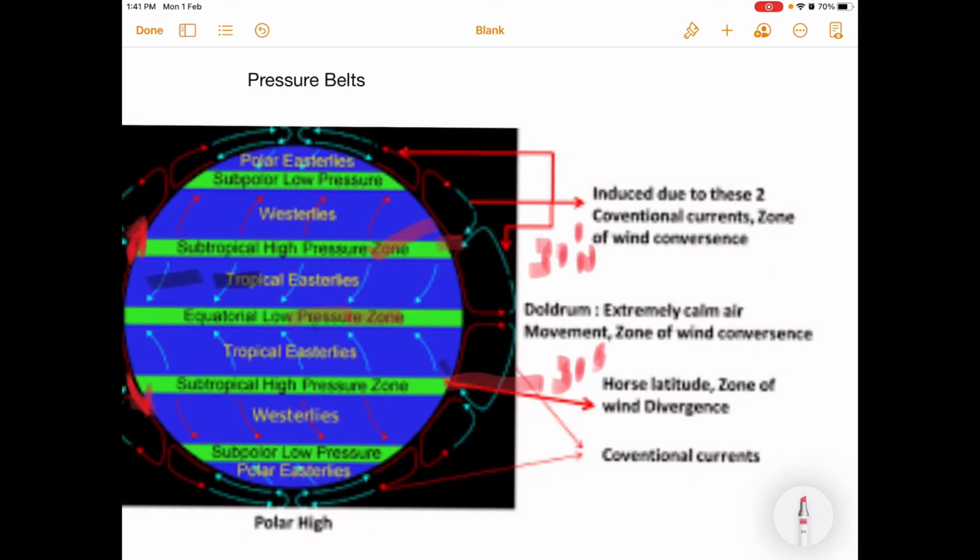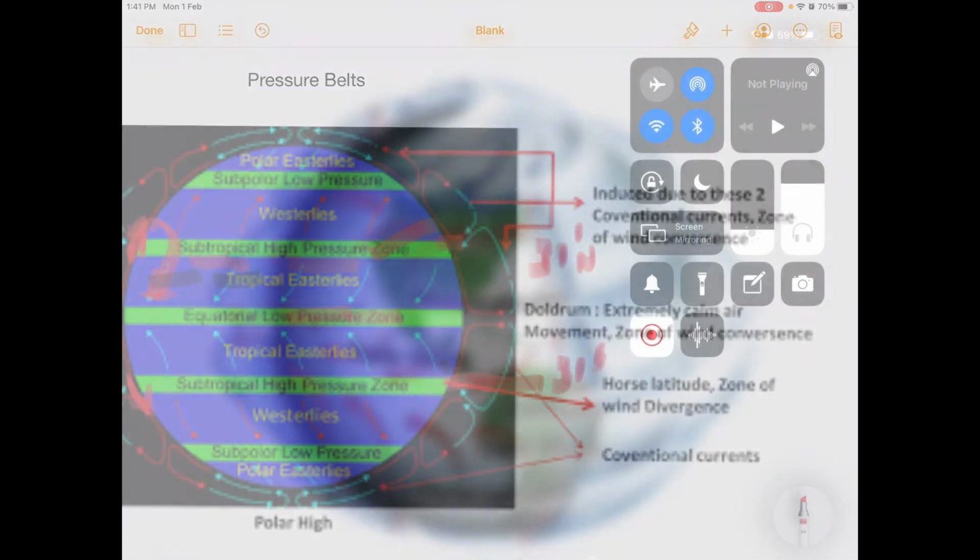So, when it becomes dense and is stopped by the tropopause, it sinks down, and a high pressure area is created in both the hemispheres. And why is it known as subtropical? Because this is the area above the tropical region and adjoining the tropical region. So, it is named the subtropical high pressure belt in both the northern and southern hemispheres.